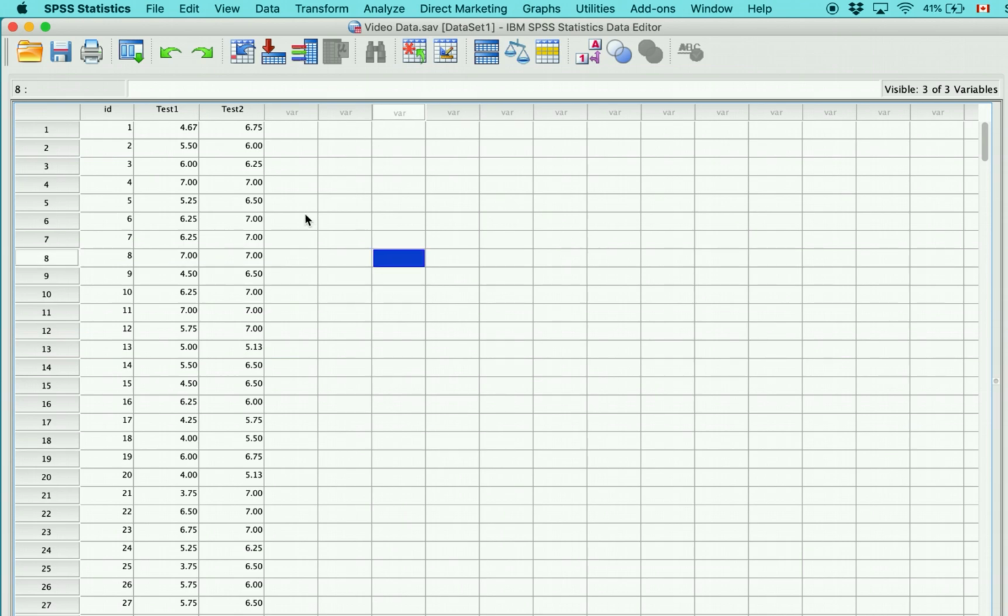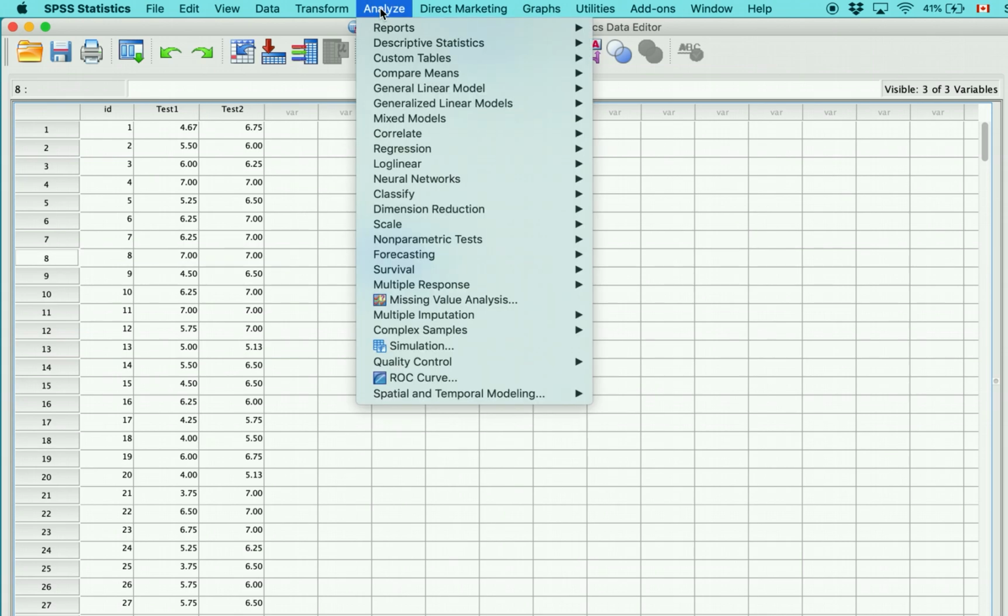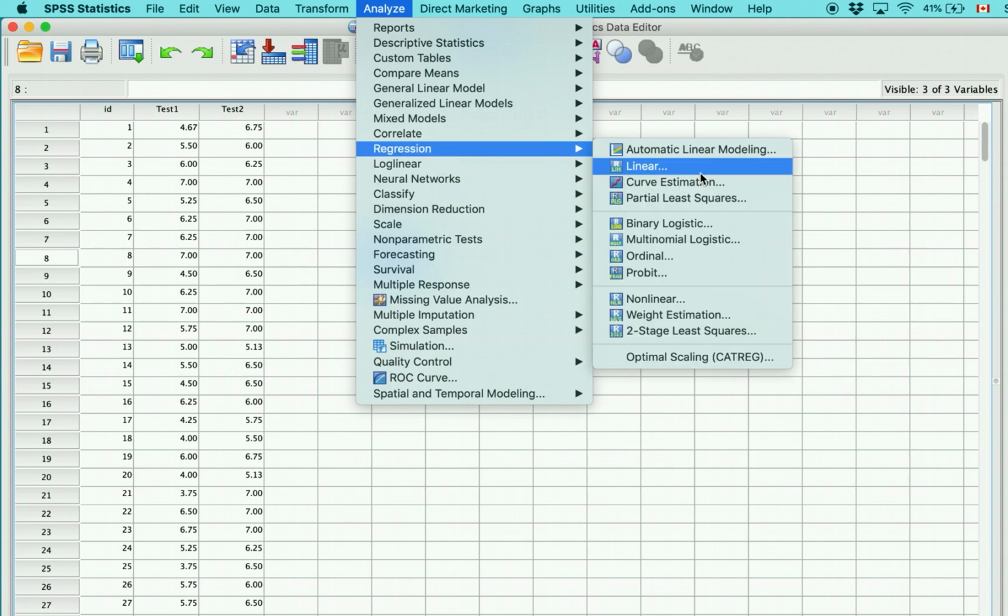So what we would do in this case is we go on to analyze, regression. And there's a lot of different options, and this just has to do with kind of what type of data you're dealing with. But in the case of two variables where the independent variable is continuous and the dependent variable is continuous, and we're looking at that linear relationship between the two, we would just click on linear.